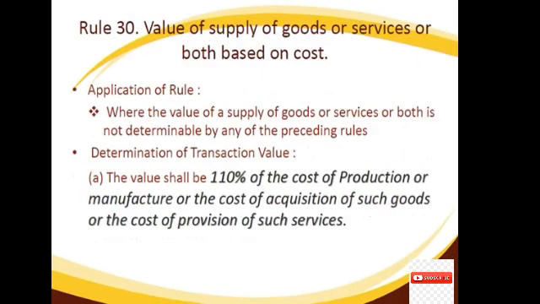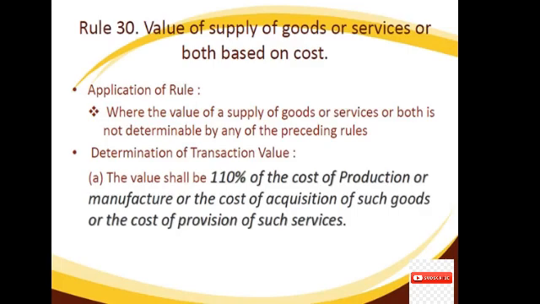Now, moving to Rule 30, where you are unable to calculate the value as per Rule 27, 28 or 29, then in that scenario, you will be applying Rule 30. Rule 30 says that the cost of production or the manufacturing cost, the price at which the manufacturer is producing the commodity, you will take it at 110% to be the selling price.